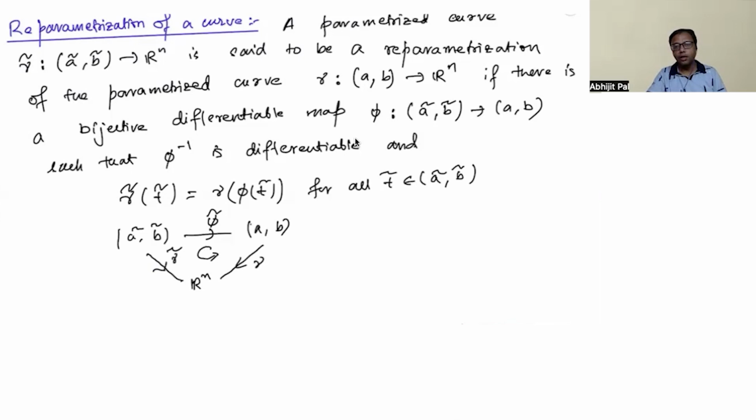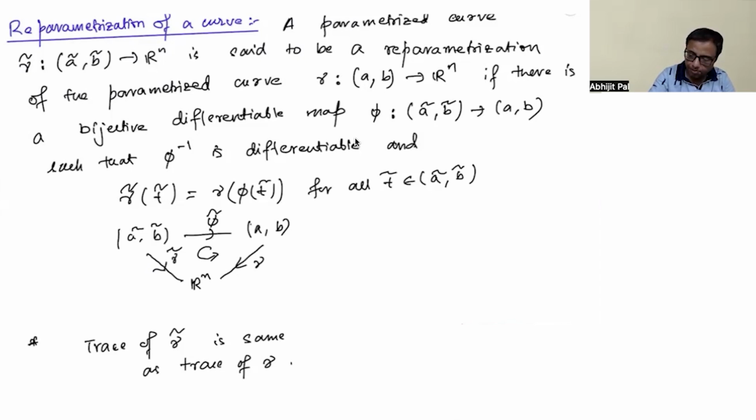Only you are changing the parameterization, so the image remains the same. So gamma tilde and gamma, you can think of as the same curve, but only there is a change in the parameterization. So the image will be the same.